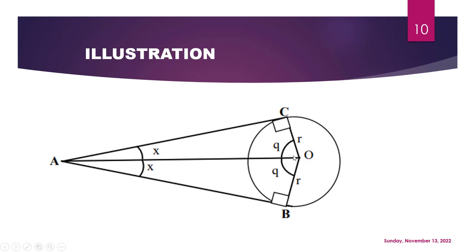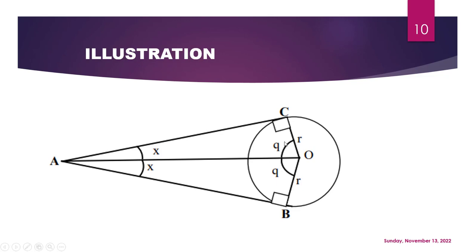And so the angle formed between these radii and the tangent of the circle, we have this particular angle formed by these radii, that is radius OC and radius OB. So these properties say that when a line drawn from the external point meets the center of the circle, it bisects the angle formed here.